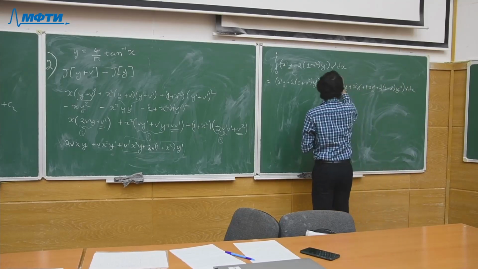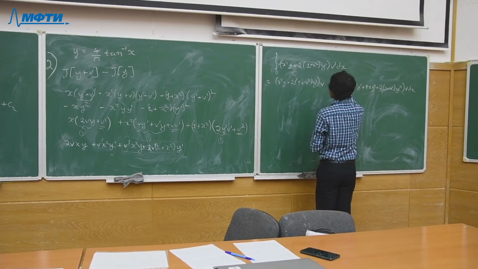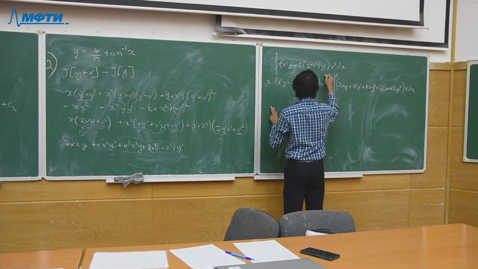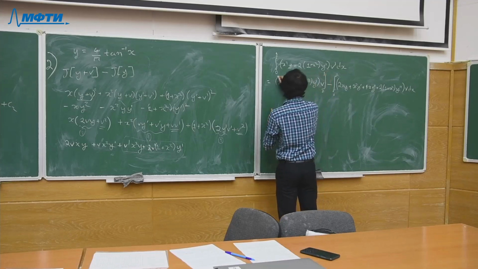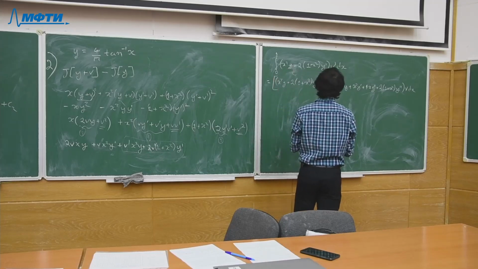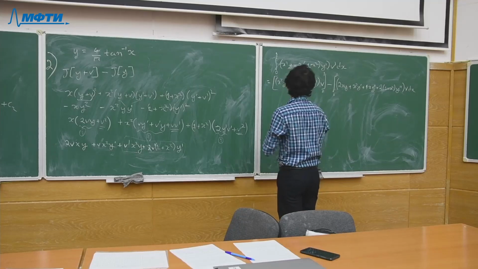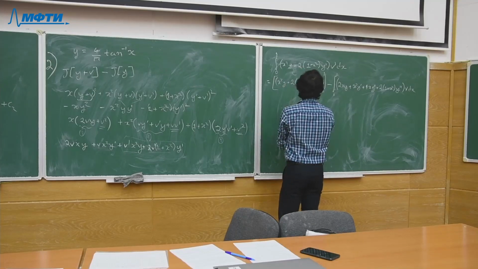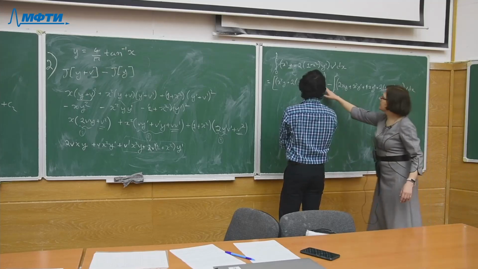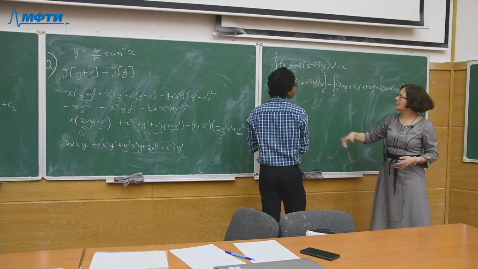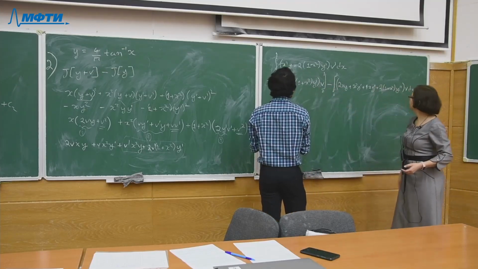Yes, from 0 to 1, correct. Okay, we'll substitute. So this is 0, because v of 0 and v of 1 must be equal to 0, so this part is 0.